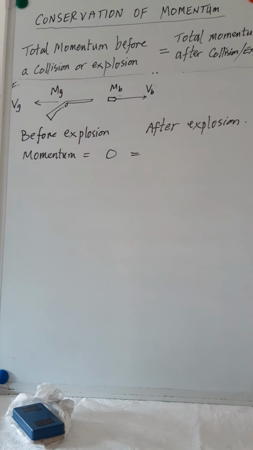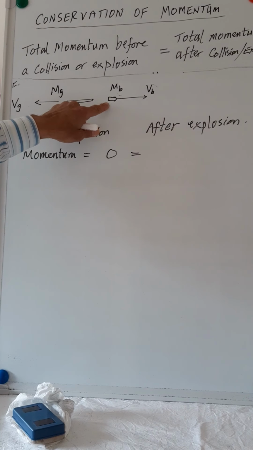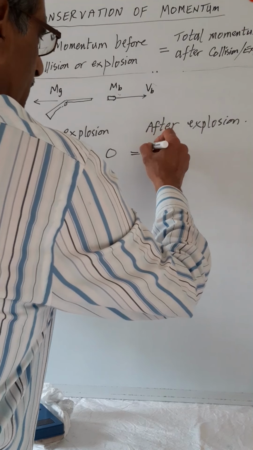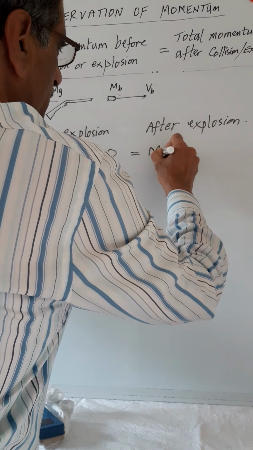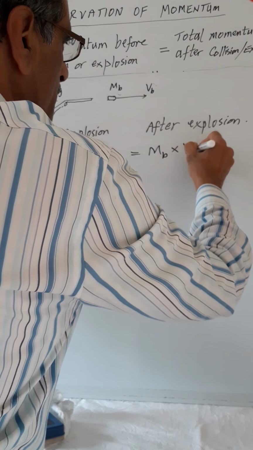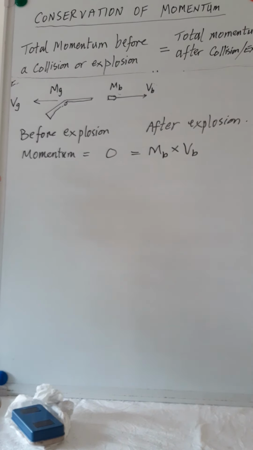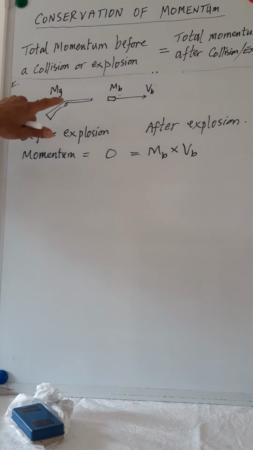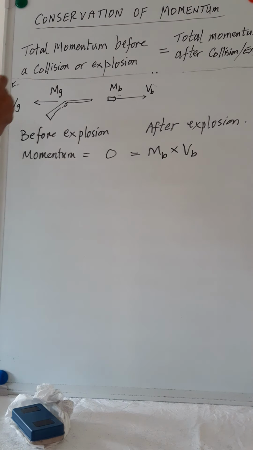Now, after explosion, what happens? The bullet moves off with a velocity Vb, so it's mass of the bullet times velocity of the bullet. And the gun recoils. It goes back, so its velocity is going to be negative, minus Vg, because it recoils back in the opposite direction.